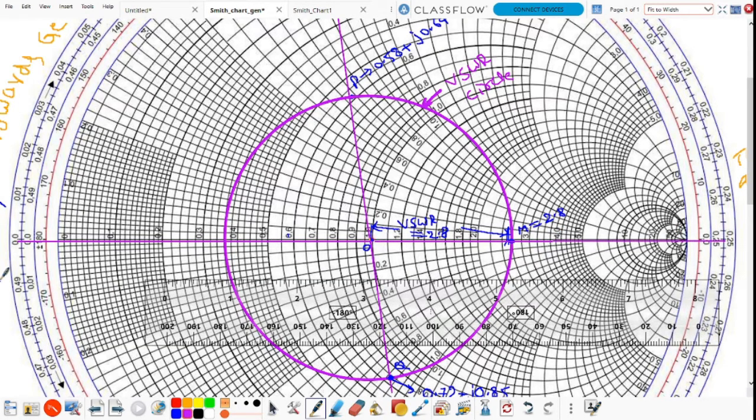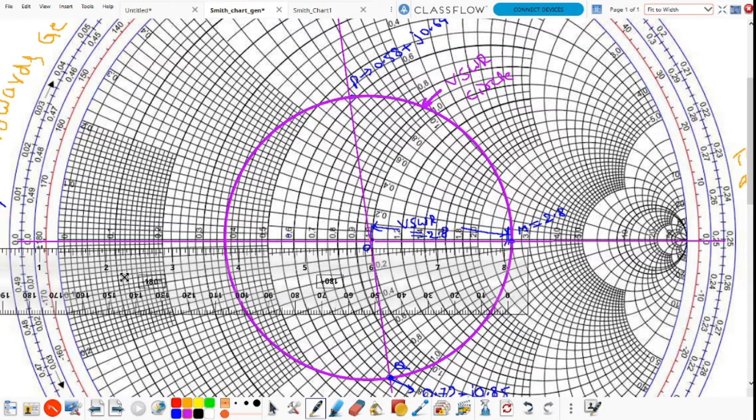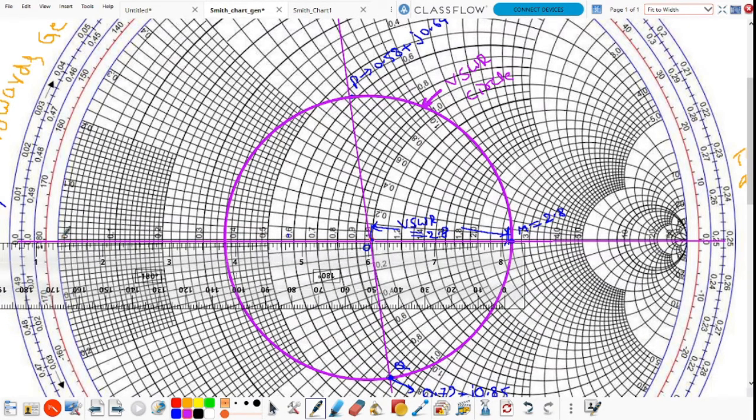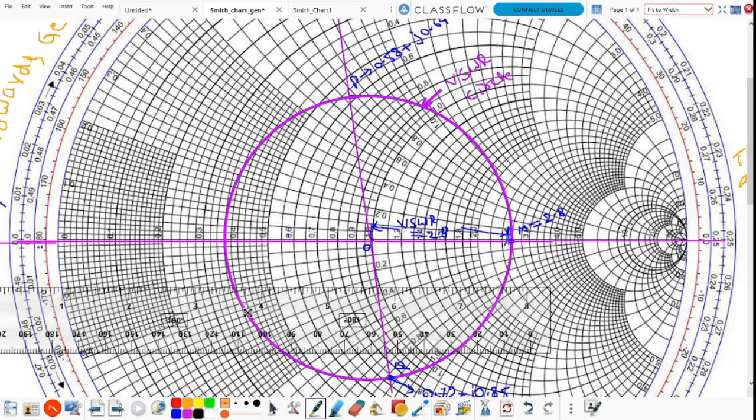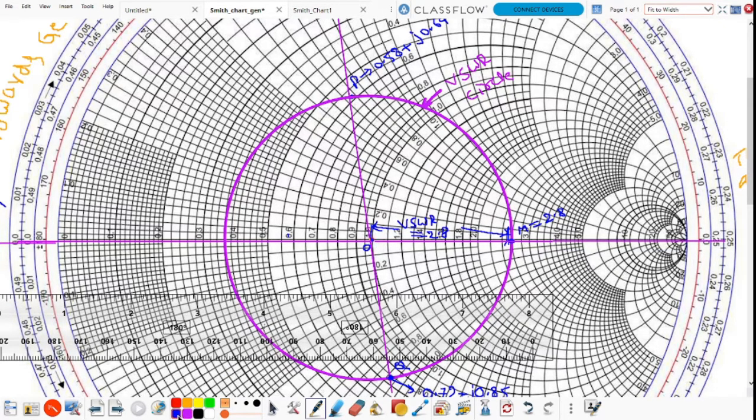This left side point is considered as point A, and the right side point is considered as point B.